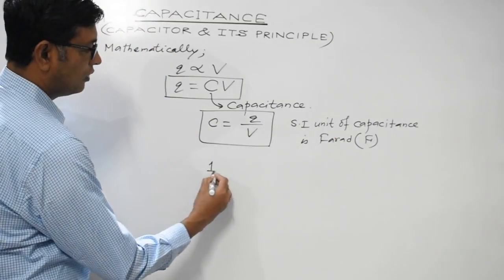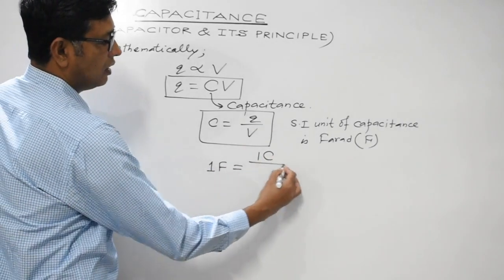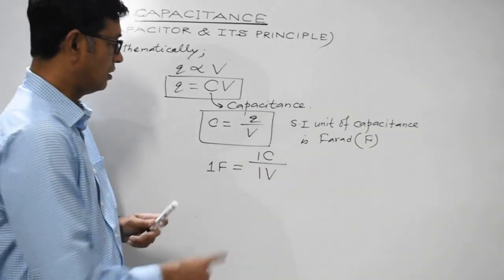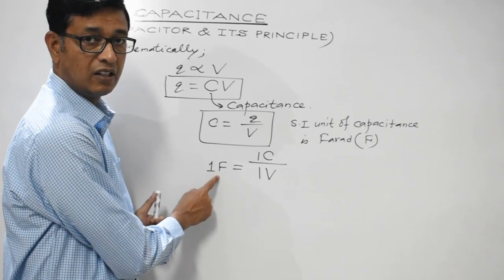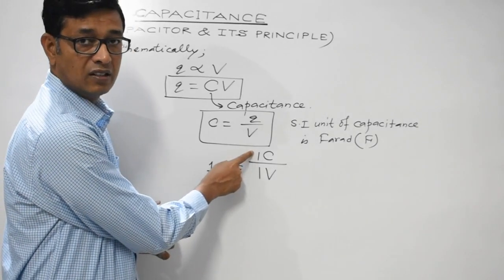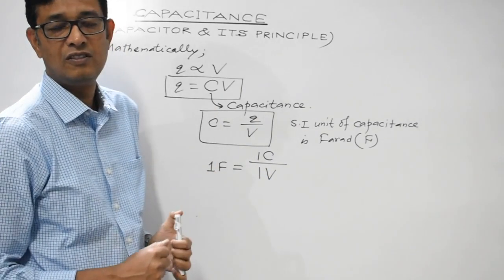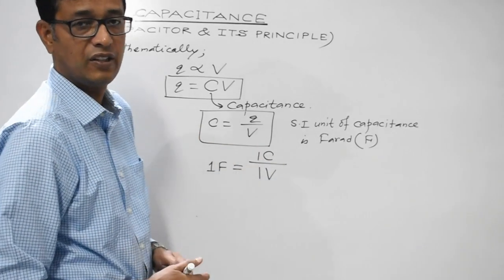Now look, 1 farad would be equal to SI unit of charge is coulomb, SI unit of potential is volt. It's very simple. The capacitance of a conductor is said to be 1 farad when 1 coulomb of charge is required to raise its potential through 1 volt. Right? So this is how 1 farad is defined.